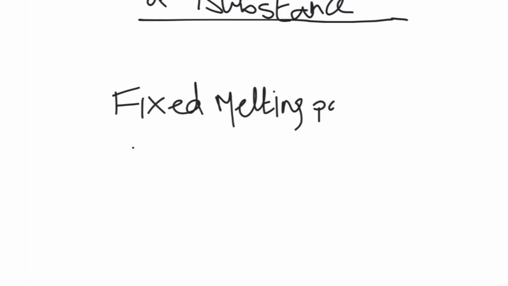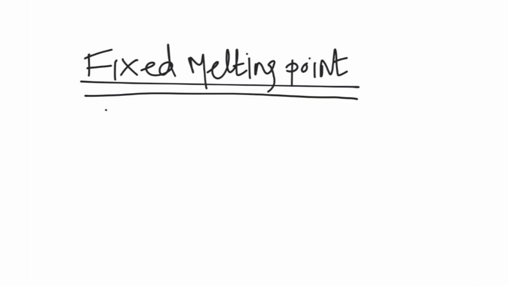One thing which a pure substance will always have is that it will always melt at a fixed temperature. So this can be a test for a pure substance: it will melt at an exact melting point.